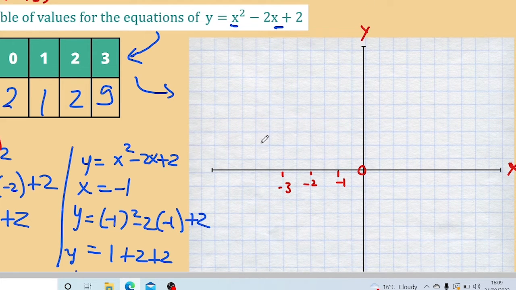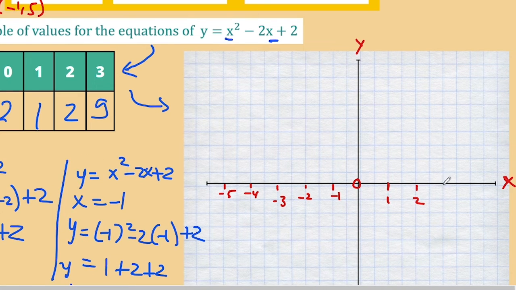And I will put -4 over here, and -5 over here. So I'm going to use 2 boxes to represent 1. So this is 1, this is 2, this is 3, this is 4, and this is 5.